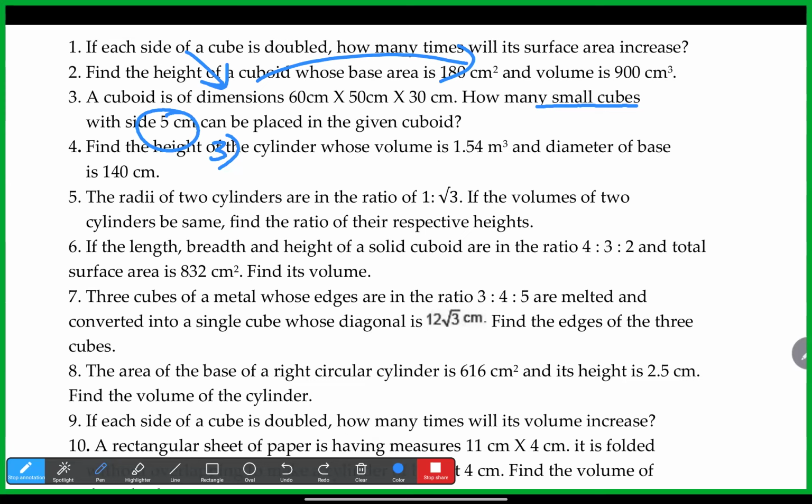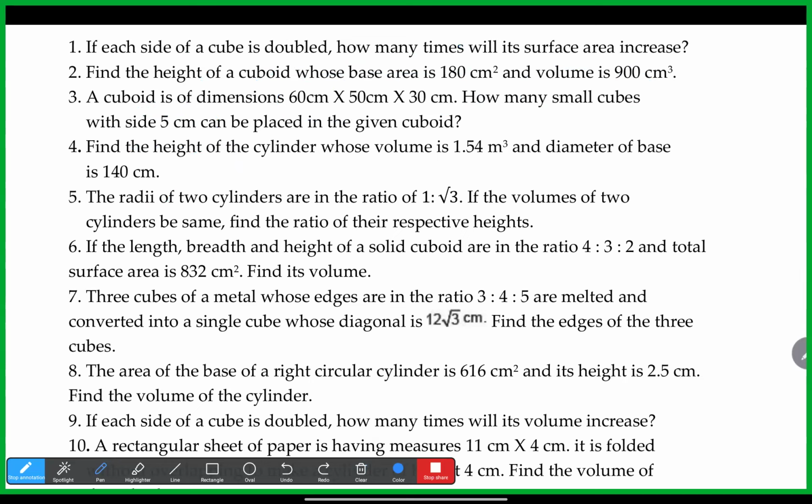This is a similar situation, but here they didn't melt the cuboid. There is a cuboidal box, and in that box they're keeping small cubes whose side is 5 centimeters. So how many cubes we can place in that cuboid is again the entire volume of the cuboid divided by the volume of each cube.